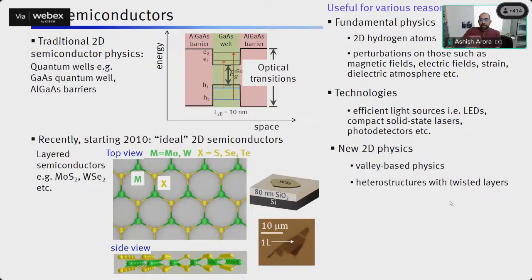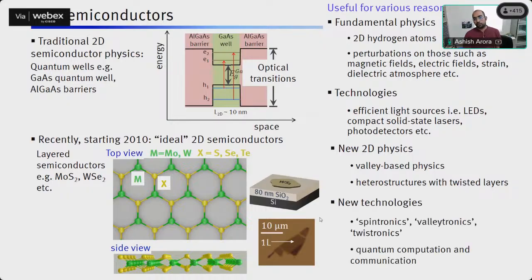One can create heterostructures of these materials by putting them on top of each other because they are van der Waals materials, and we can make small twists between them. It turns out these twists are very important because these twisted heterostructures have shown us superconductivity, for example, and many other exotic phenomena. Therefore, these materials are being used for new two-dimensional physics and new technologies, and I have talked to you about some of them already.